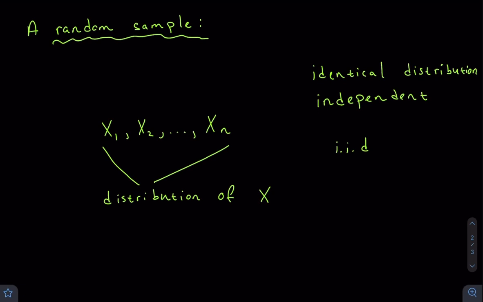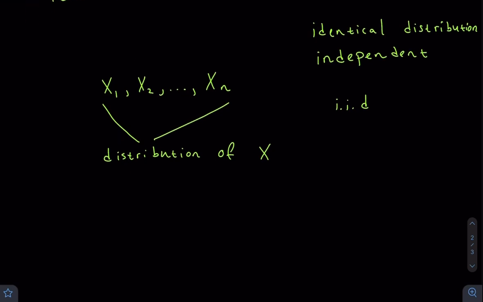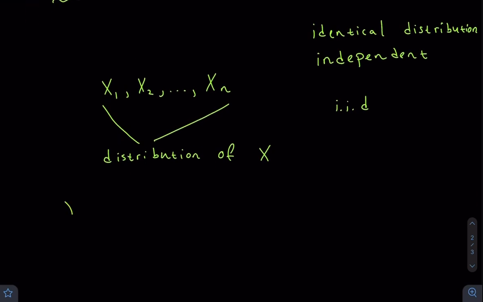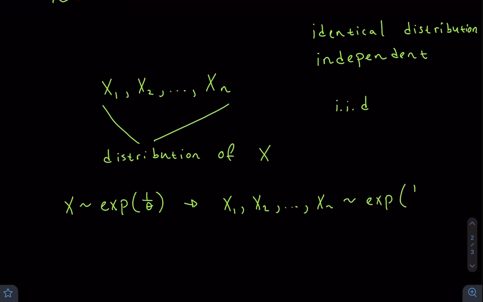So this random sample is identically and independently distributed. So if X were exponentially distributed, then every single random variable in this collection, if it's a random sample, will also follow an exponential distribution with the same parameter.